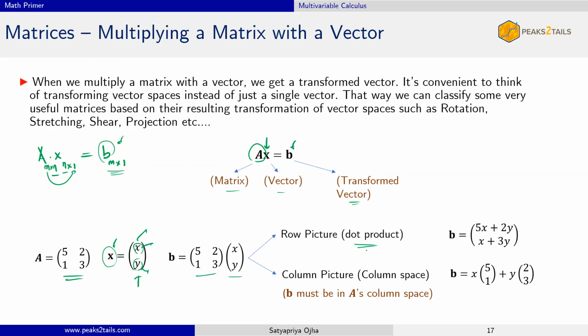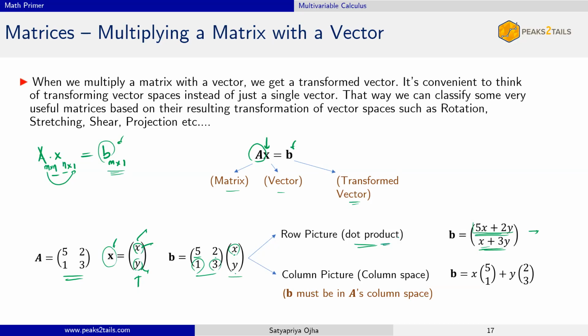You look at the rows individually, so you know that the resulting outcome is a vector, right? So what is the first row? First row is 5 times x plus 2 times y, 5x plus 2y. And the second row is 1 times x plus 3 times y, which is x plus 3y. So you look at row by row. That's a row picture or a dot product picture.